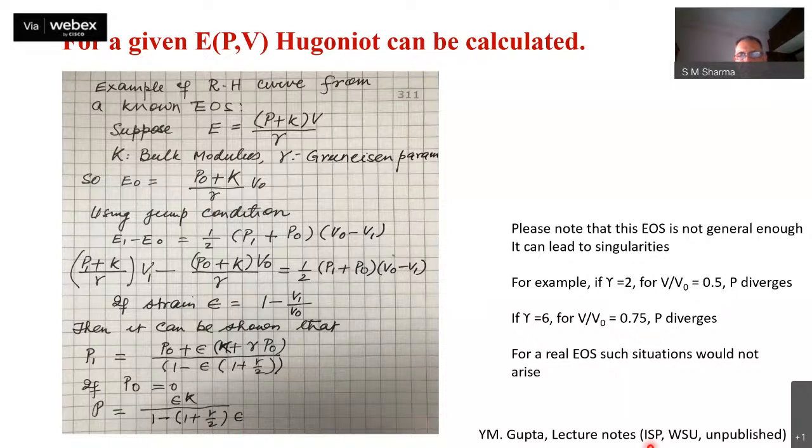Of course, in the real equation of state, such divergences do not arise. But this was a typical example to show that if the equation of state is known, you can deduce the Hugoniot curve. And I mentioned that the converse is not true.